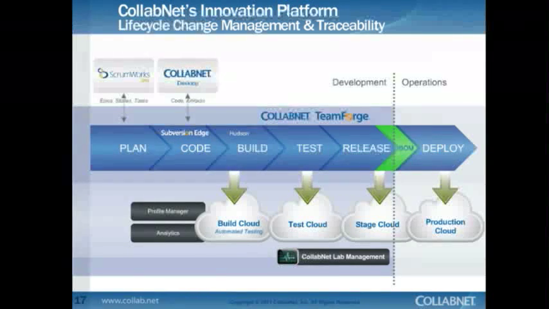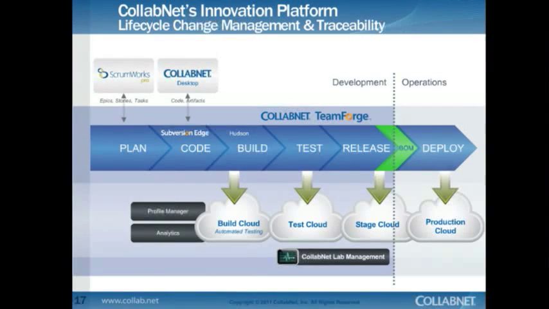Now, the cloud is a key component to all of this. Typically in Agile ALM today, there's a huge need for continuous build and test, and organizations are finding in that development life cycle that there's a greater need for more hardware, or needs for hardware that change constantly.